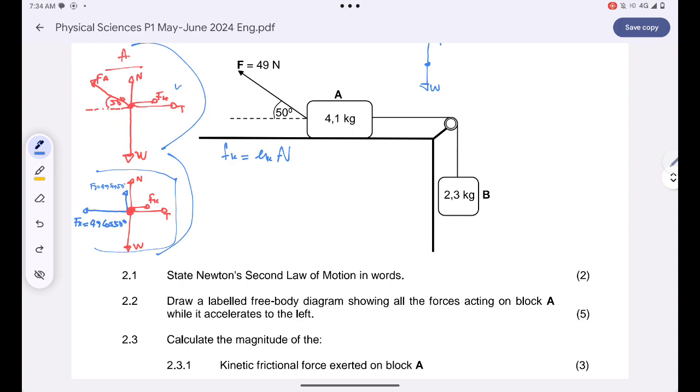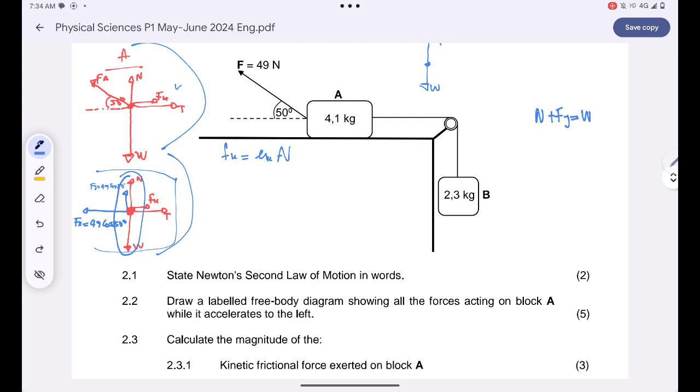Because I do not only have two forces vertically, but now I have three forces vertically altogether. So I know that normal force plus the vertical component must be equal to the weight.